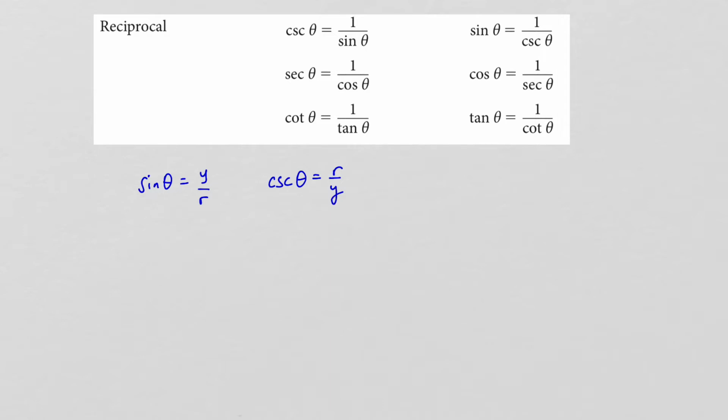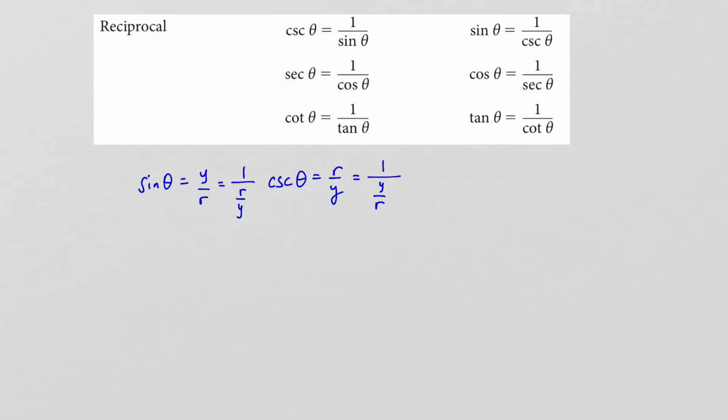So y divided by r can be thought of as 1 divided by r over y, and r over y can be thought of as 1 divided by y over r. And this is just because of the basic rules for dividing fractions. So it is for this reason that all of these that you see here are reciprocal identities.